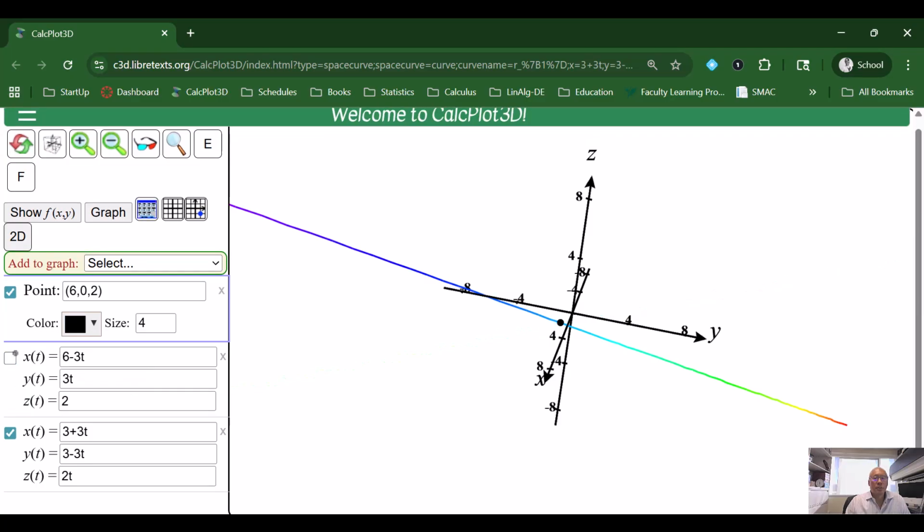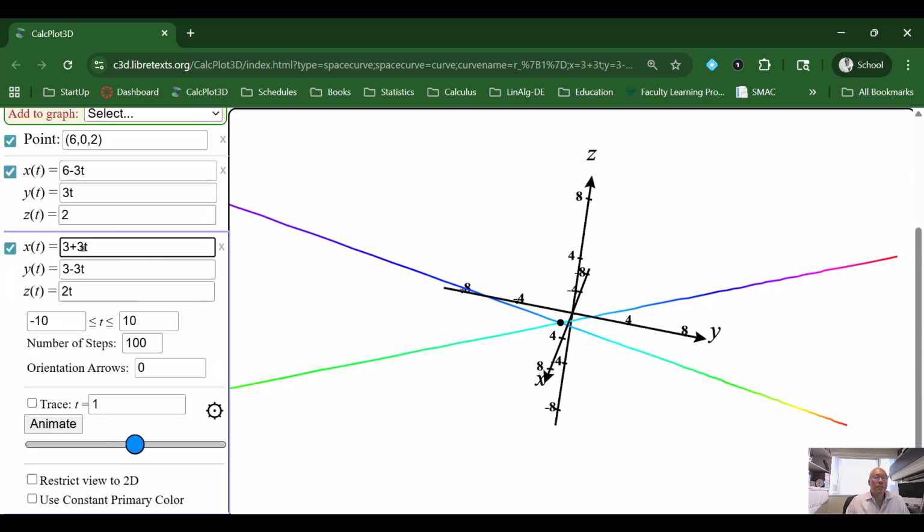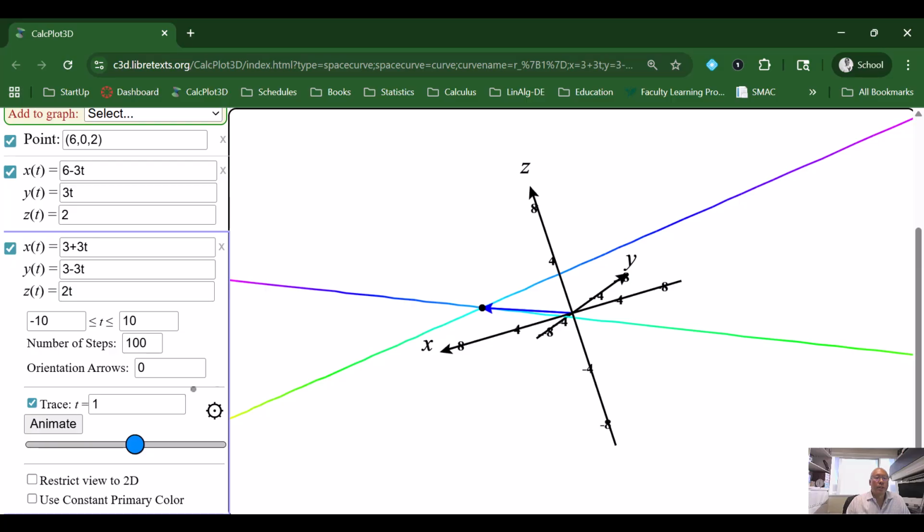So I'll do a trace for the first one, 3 minus 3t, 3 minus 3t, and 2t. As I trace this, I see that I'm going to hit that point when t is equal to 1, right? All the other points would just be along that line, but t is equal to 1 is that one place where I hit that point.